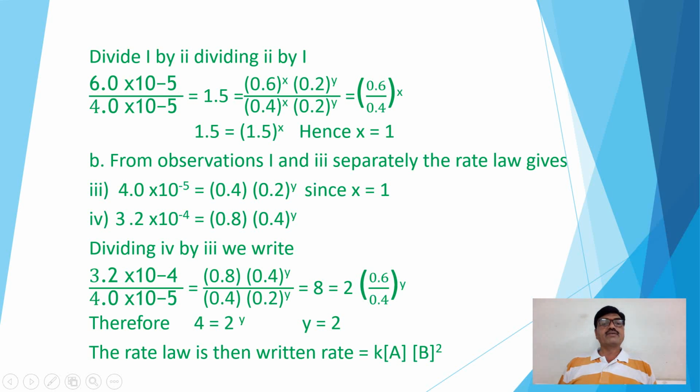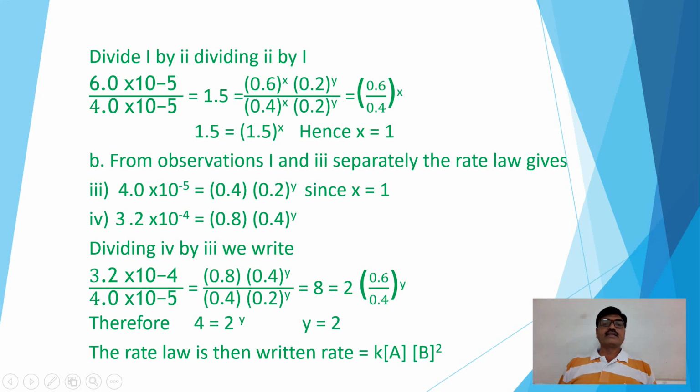So by calculating this, rates and these are the concentrations, we will get now, see, the answer of this is 8, and the answer of this is 2, and 0.6 upon 0.4 to the power Y here.